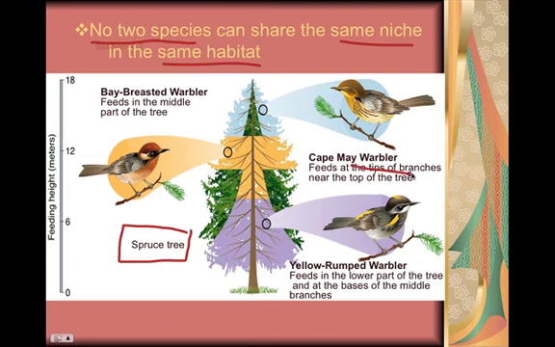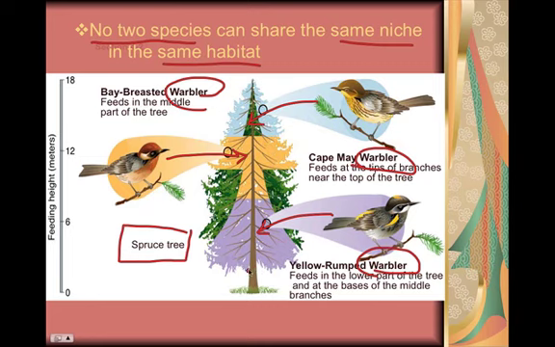We have warblers, which are all the same type of bird, but you notice that they are occupying different areas of the tree. So we have the Cape May warbler that will live just in the top of the tree. The bay-breasted warbler lives in the center of the tree, and then the yellow-rumped warbler feeds at the lower part of the tree.